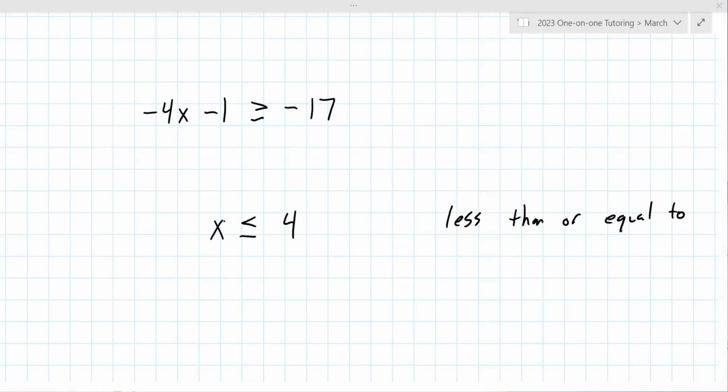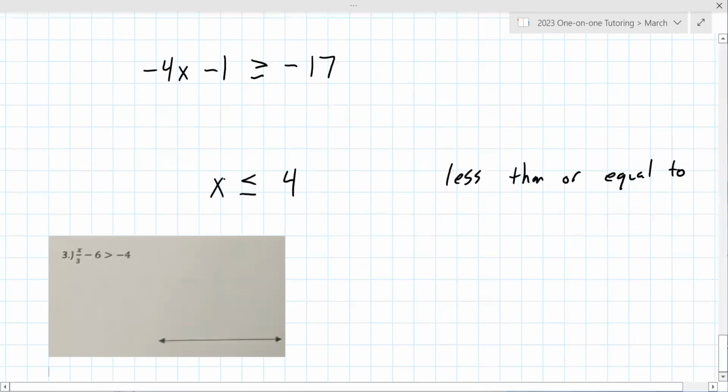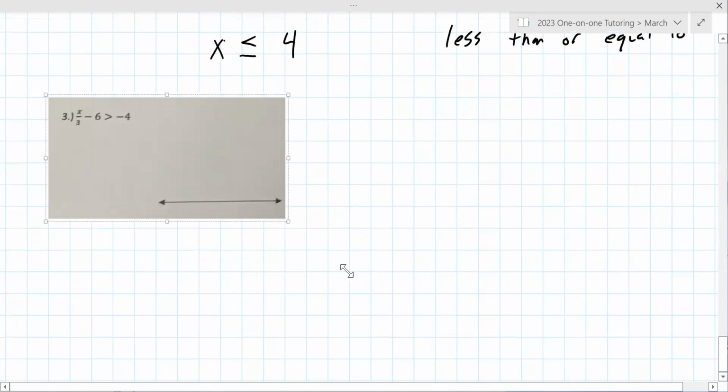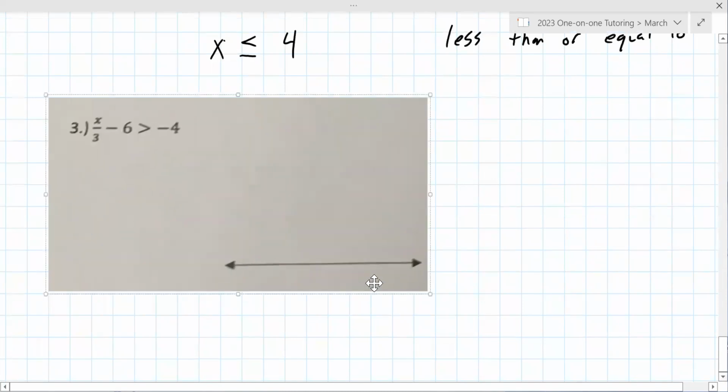Okay, so let's look at number 3 together here on your page. All right, x over 3 minus 6 greater than -4. We're going to add 6 to both sides. So that's x divided by 3 greater than 2.